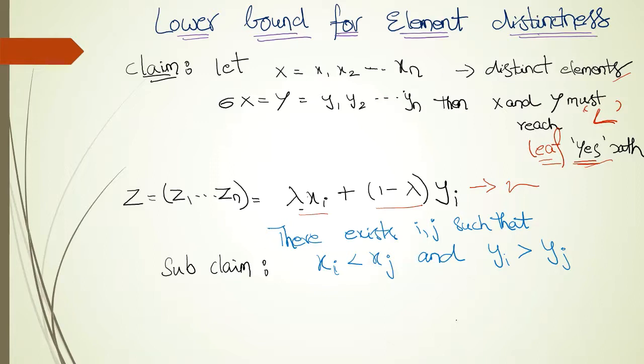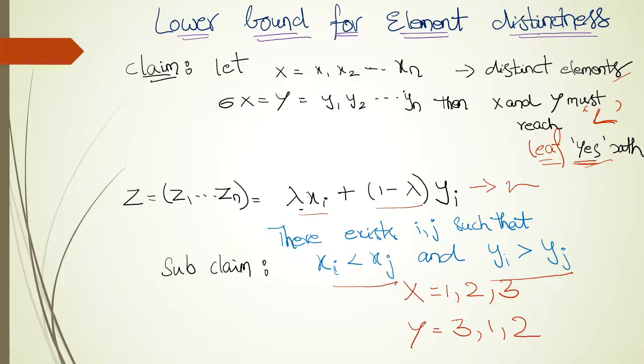To prove the lower bound for element distinctness, we also have a subclaim: there exist i and j such that xi is less than xj and yi is greater than yj. Let's see an example. Let's say we have 1, 2, 3 as x, whereas y is 3, 1, 2.